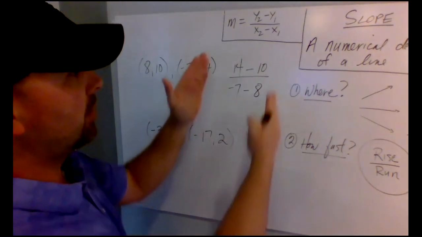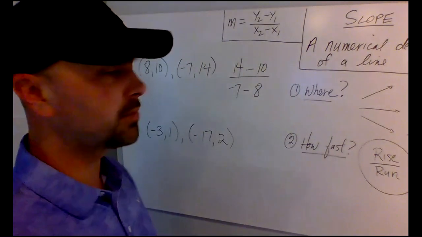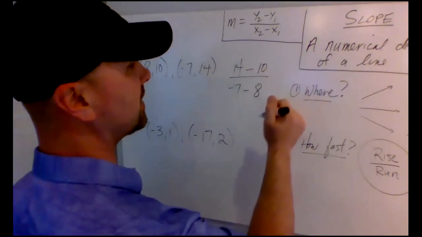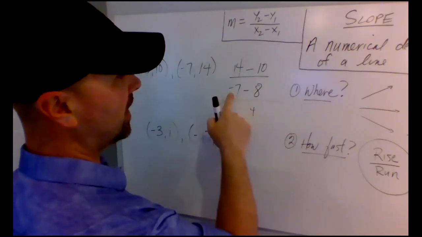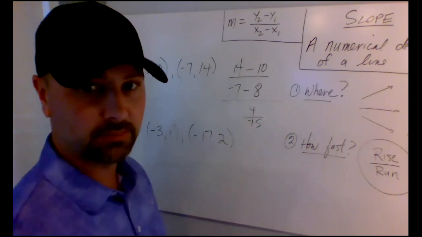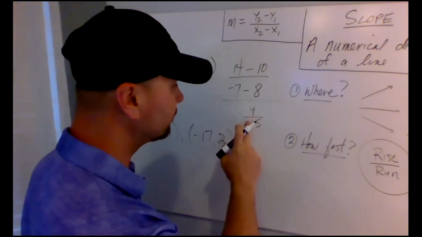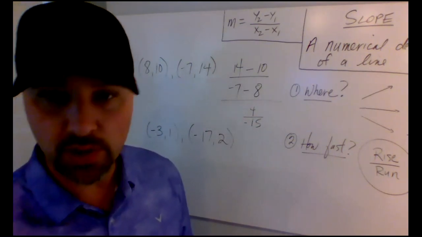Okay, so your first step, put them into the formula. And now it's just a matter of doing the computation. 14 minus 10 is 4. -7 minus 8 is -15. Last step is simplify the slope.